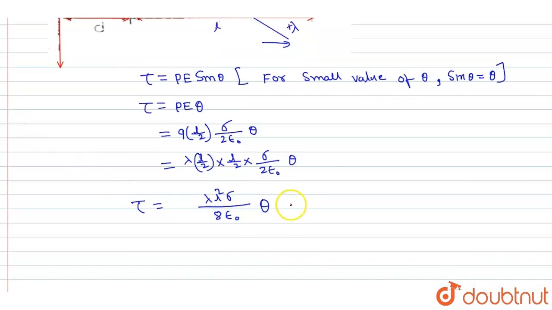This torque should be equal to I alpha, where I is the moment of inertia of the rod, which is m L square divided by 12. So lambda L square sigma divided by 8 epsilon naught into theta is equal to m L square divided by 12 into alpha.